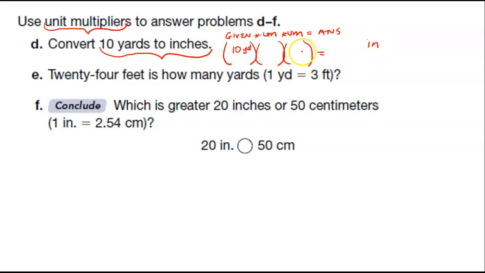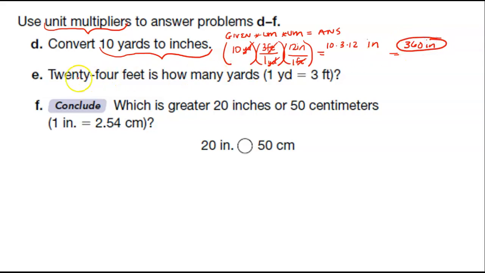Okay, so inches needs to be on the top. So I've got to get rid of yards, so I need yards on the bottom. So 1 yard is equal to 3 feet. And I have to get rid of feet because I want inches. So 1 foot is equal to 12 inches. So that should cancel yards over yards, feet over feet. I end up with inches. So I have 10 times 3 times 12, which is 360.